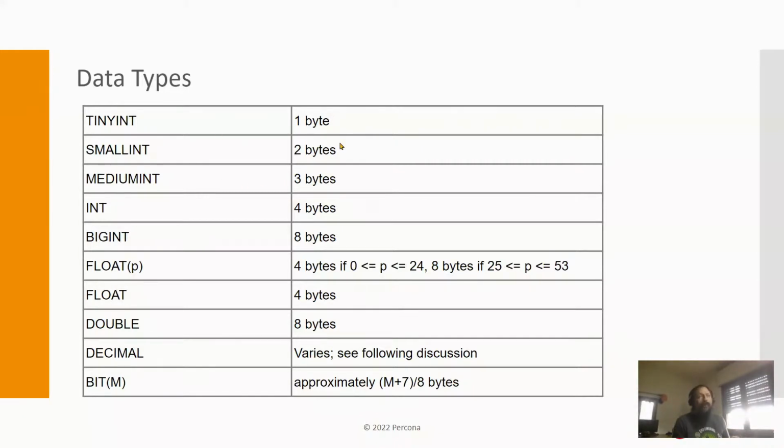Small int goes between minus 32,768 to 32,767. And if you do unsigned, then it goes between 0 and 65,000, blah, blah. Medium int goes between minus 8 million to plus 8 million, or if you do unsigned, it is between 0 and 16 million.